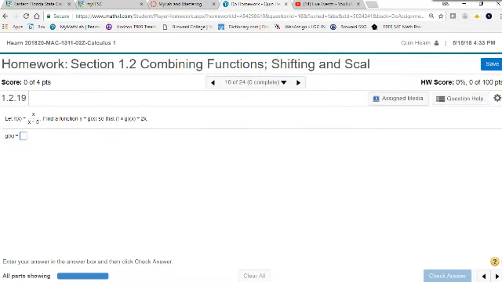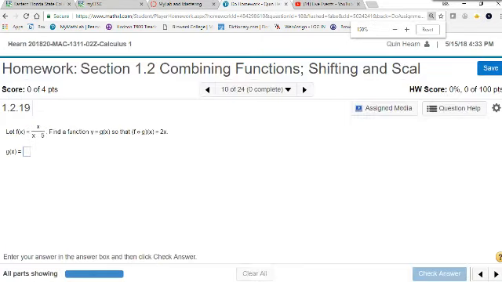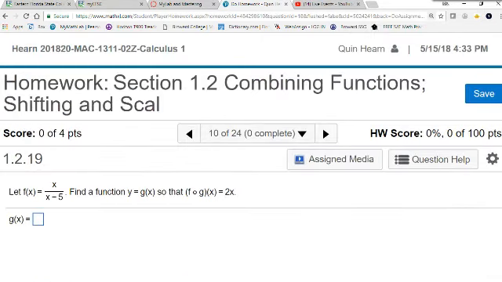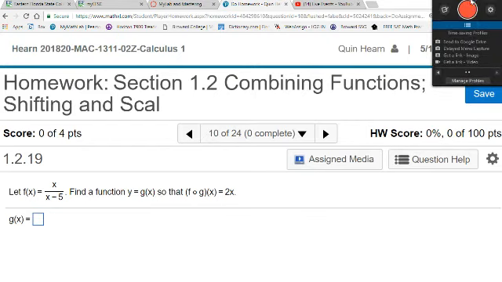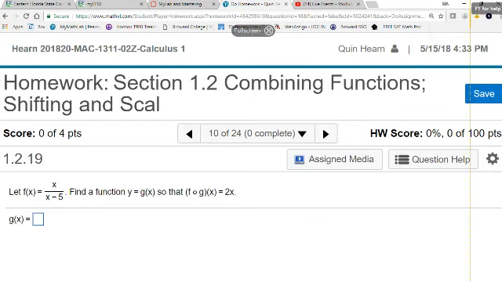Oh, okay, composition of functions. All right. So let me grab a screenshot of this.